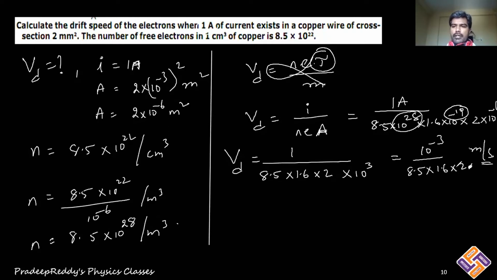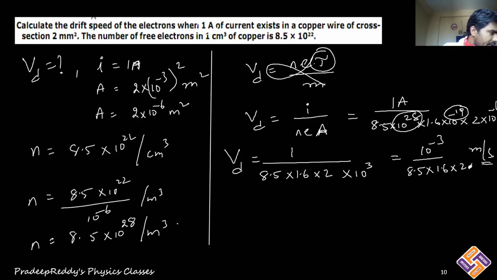So if you evaluate this, you can round it off to 1.6, 8.5 and 2. If you multiply this, let me check it.